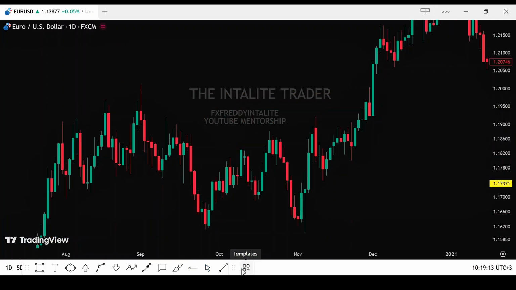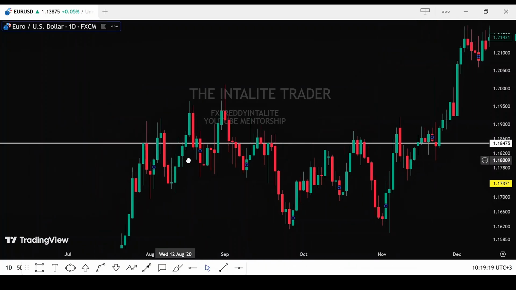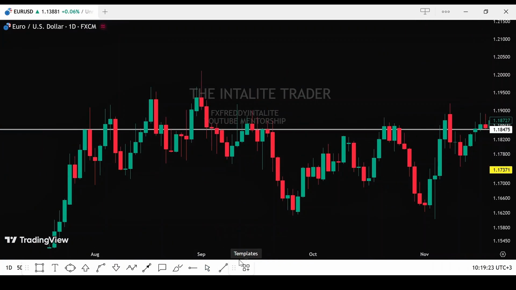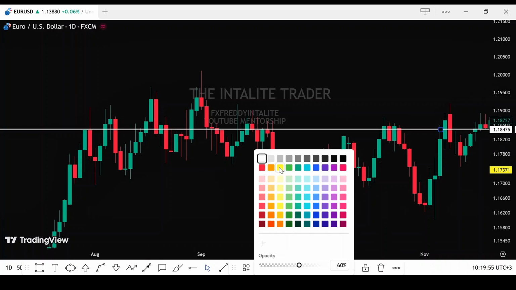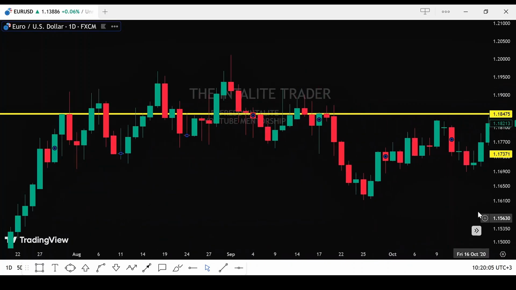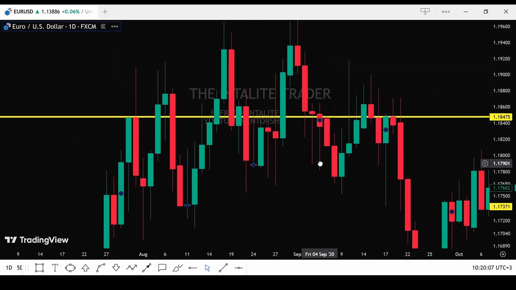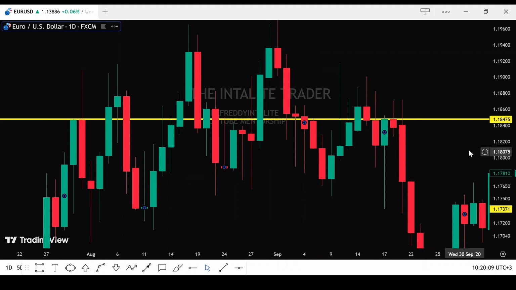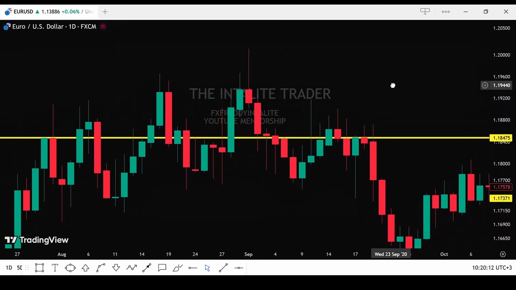So you pick this ray and place it. Let's say I'm putting my ray here. This is the ray. Again, different color here. So this is our ray, this one. If you look very closely, this is our horizontal ray here. So I place it at this point. And then you realize price reacted to this level.